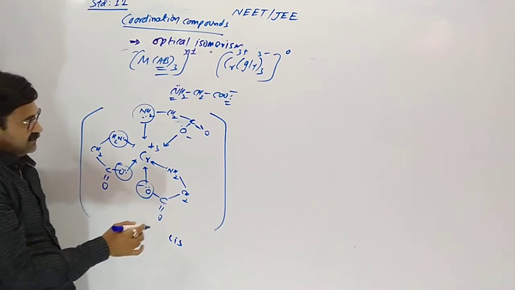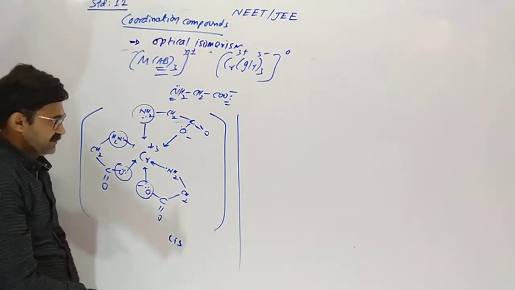Understood? So the cis isomer gives a mirror image.